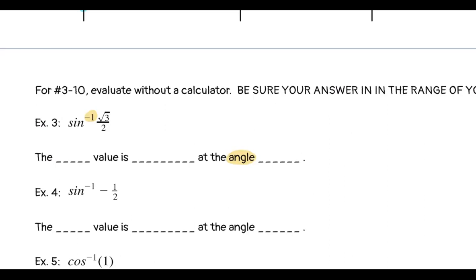So I see sine here. So what does that tell me about what value I'm looking for? X, Y, X over Y, Y over X, 1 over Y, 1 over X. What value are we looking for here?